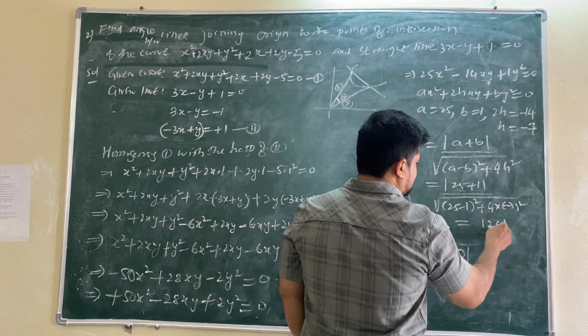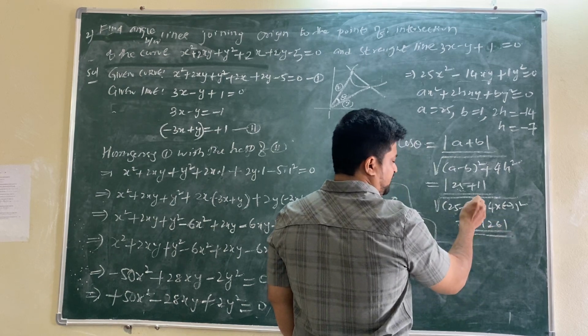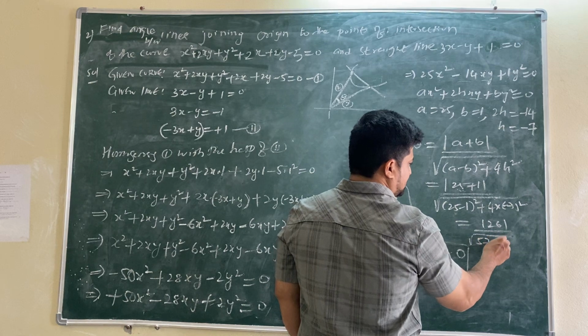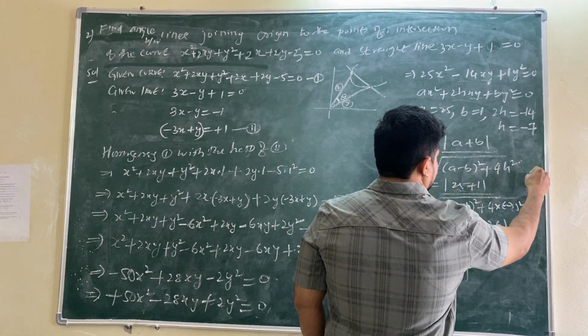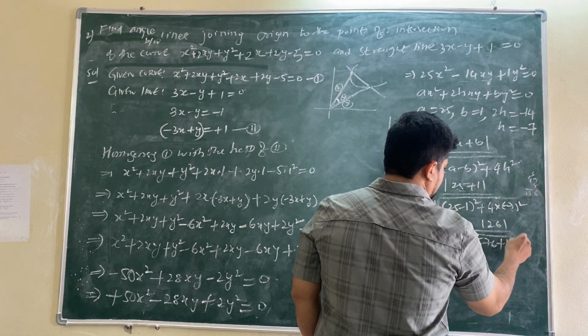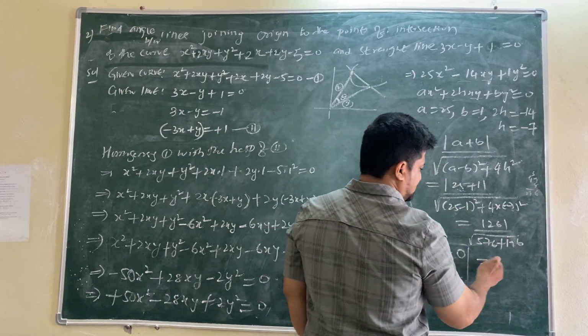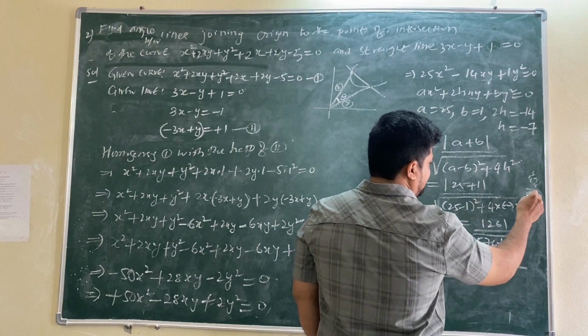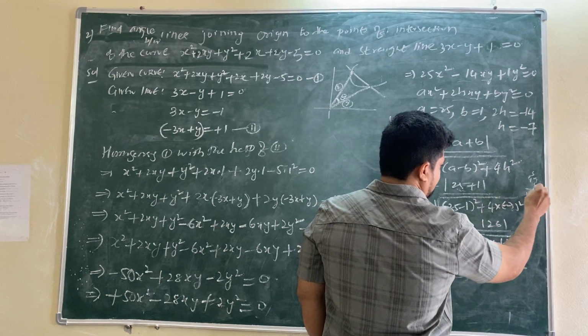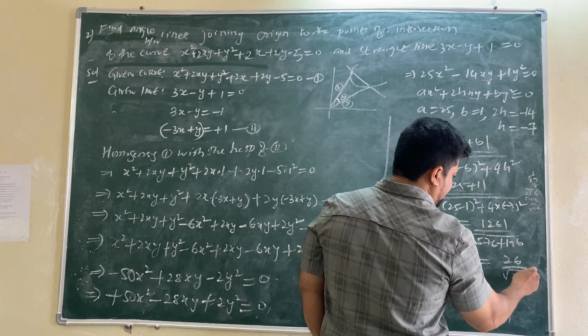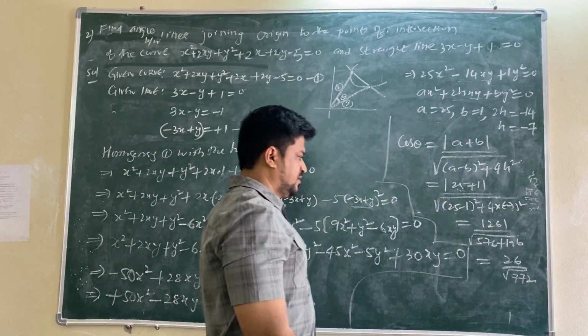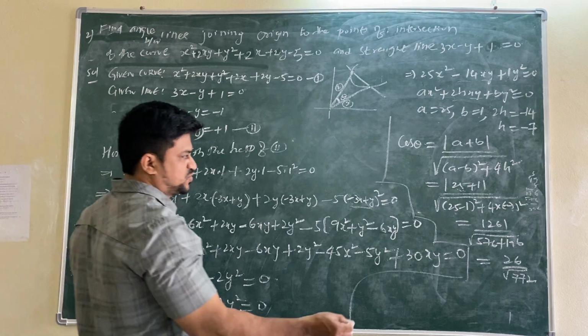This is 26 divided by root over 24 square plus 49 into 4, that is 196. So 26 divided by root over 772. Okay.